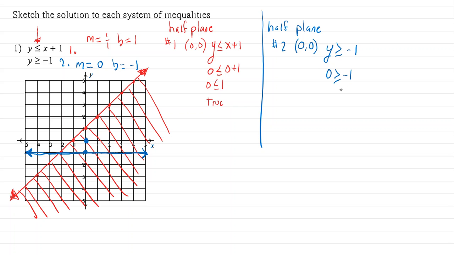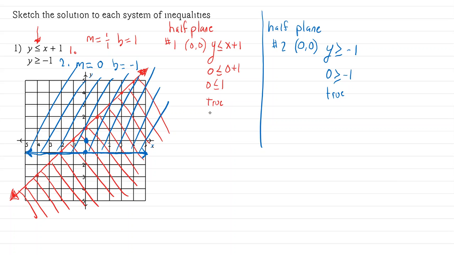And we look and realize, hey, this is true. Therefore, it is a true statement. Since it's a true statement, I'm going to shade toward that point. So I'm going to come over here and shade toward that point.